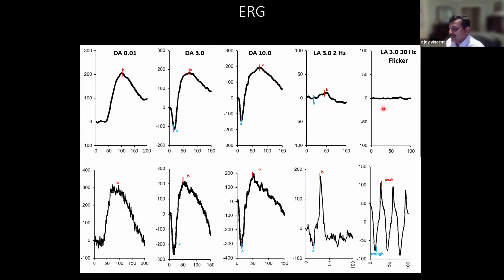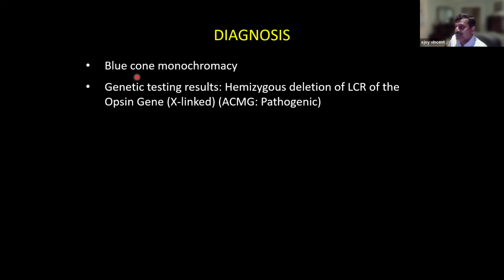The red-green color vision is affected, whereas blue-yellow is preserved. So clinically, this would be a diagnosis in a male child. This will be blue cone monochromacy, and genetic testing shows a deletion of the locus control region of the opsin gene, which is classified as pathogenic as per ACMG guideline. So the genotype and phenotype matches.